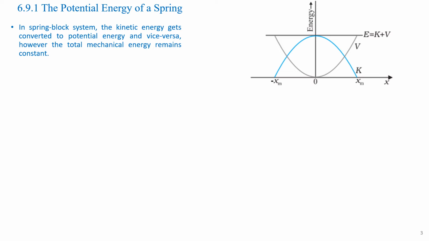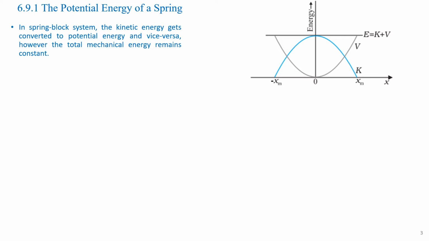In the spring block system, which was shown in the previous slide, the kinetic energy gets converted to potential energy and vice versa. However, the total mechanical energy remains constant. Please see the figure on the right hand side, which shows the parabolic plots of potential energy V and kinetic energy K of a block attached to a spring obeying Hooke's law.